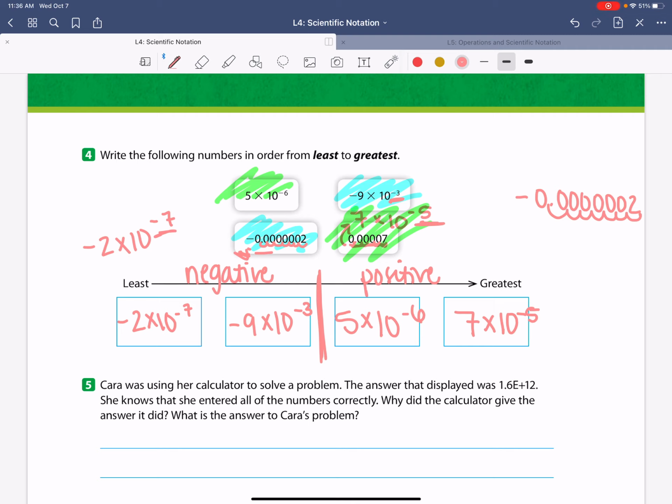This is what I chose to do. So what you could do is you could either write them all in scientific notation or in standard form. Whatever you end up doing, just be consistent and then compare. All right, and that is it for number 4.